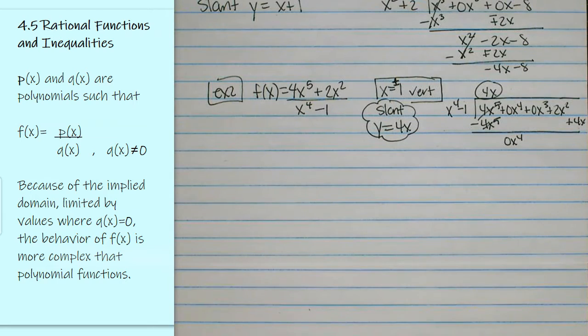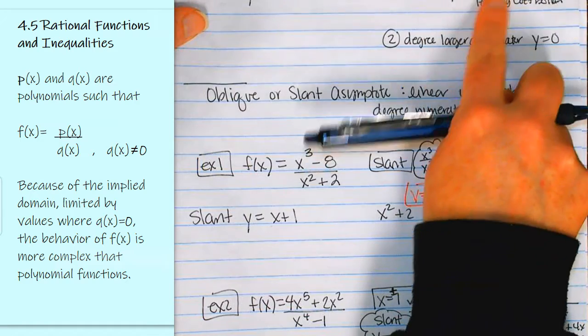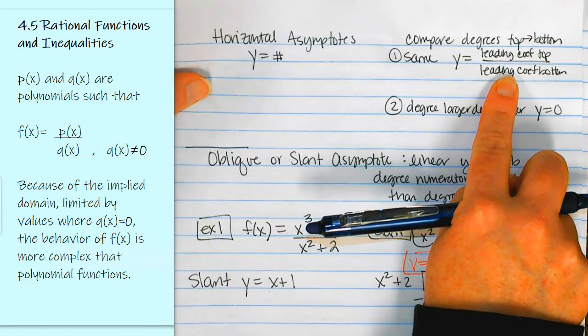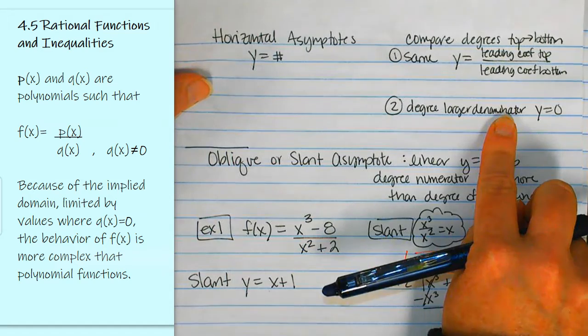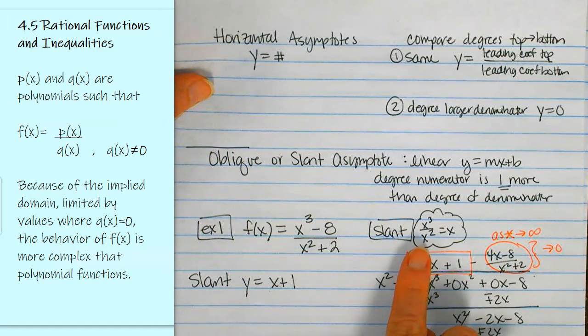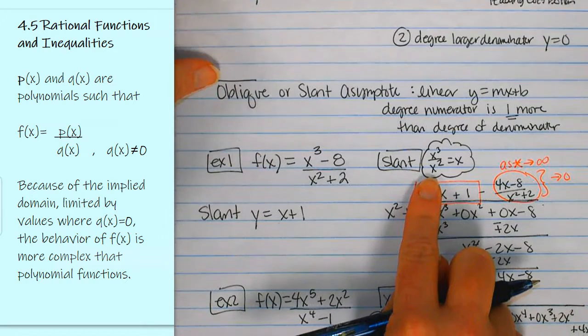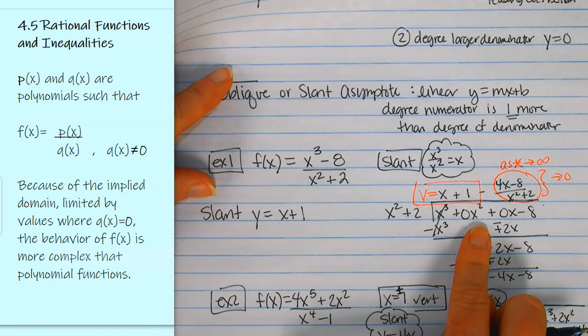Okay, so in your homework, you've got horizontal asymptotes. They come from the same degree top and bottom, or a larger degree on the bottom. One higher degree on top is going to be a slant asymptote, which is a line, y equals mx plus b, and you're going to do long division to figure that out.